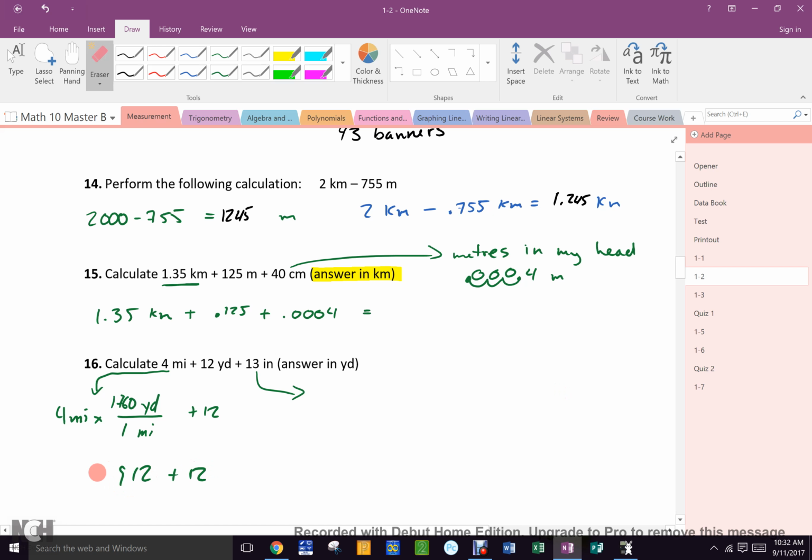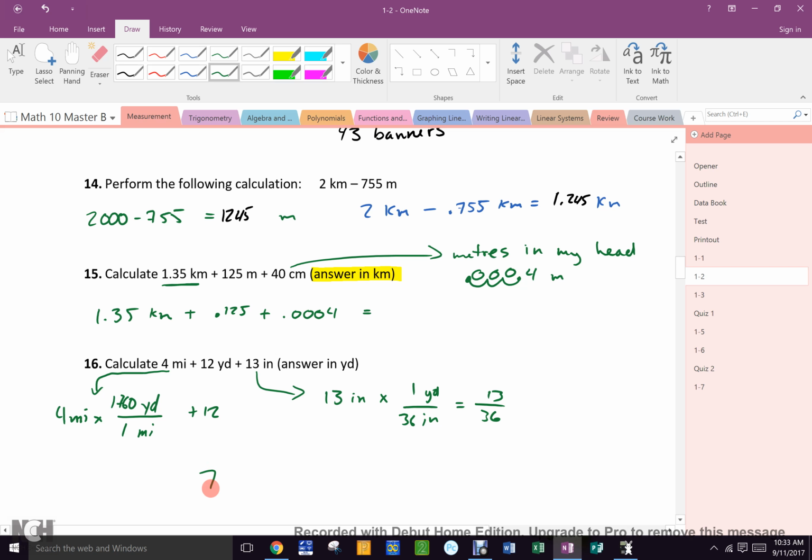So anyway, so we fixed that up. Now what do I do with the 13 inches? Do I need to convert it to yards? Yep. So it's going to be times yards over inches. So it's 1 yard, 36. It's 13 divided by 36. Now, since this is imperial, do I want that decimal?